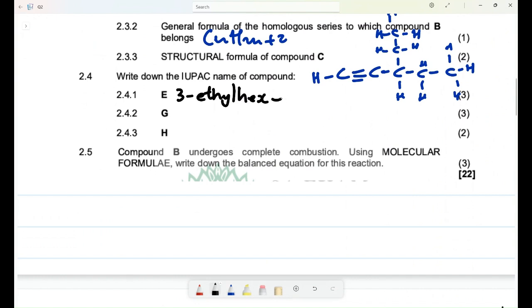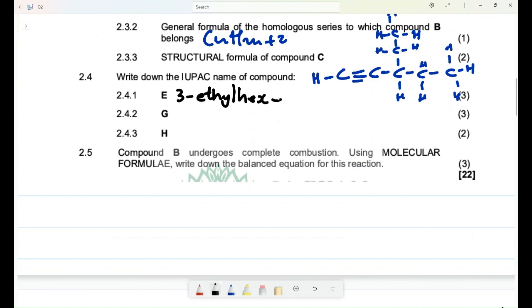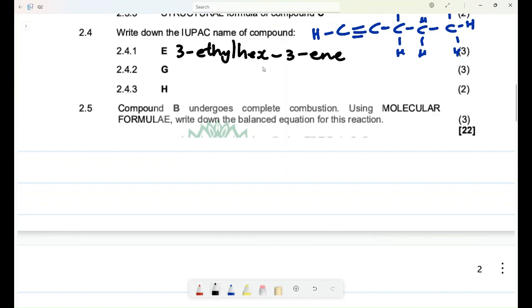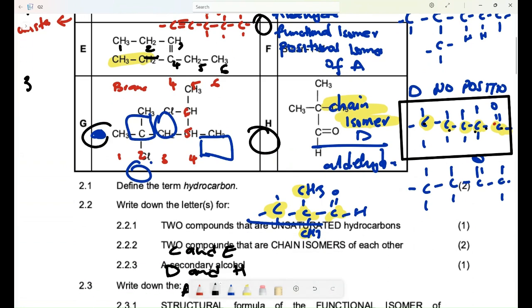Then hyphen, functional group on carbon number 3, an alkene. This is the name: 3-ethylhex-3-ene. Then let's look at the last one. Oh, sorry, the second one, 2.4.2, the name of G. Remember I said we're going to start counting from here.